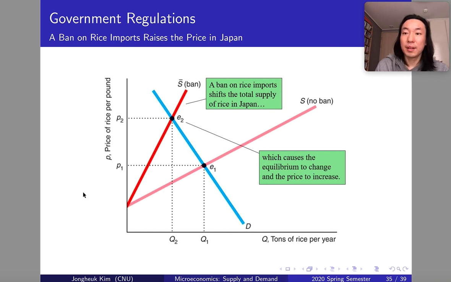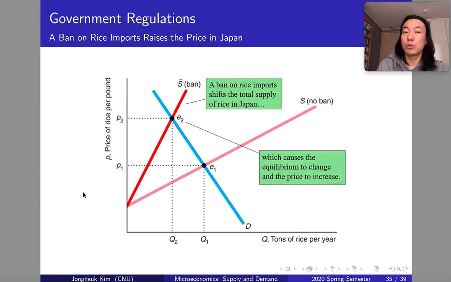But if the government intervenes in the market, if they set some quota or make any regulation to block some imports, then the supply of the imported good will be reduced or will be just zero. So the supply of that good will decrease. So we're going to see that kind of supply curve with S bar with parentheses of the ban.